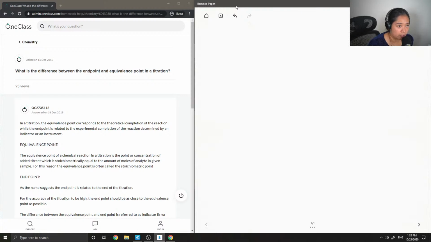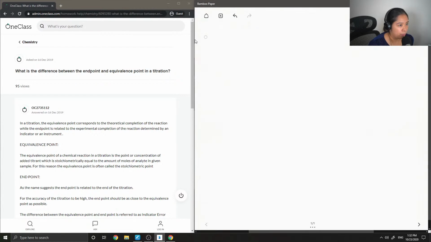Okay, so the first question asks, what is the difference between the endpoint and equivalence point in a titration? I'm just going to make a comparison chart of endpoint versus equivalence point.